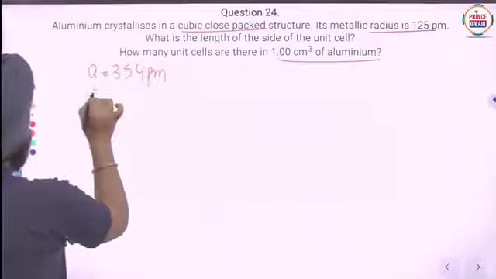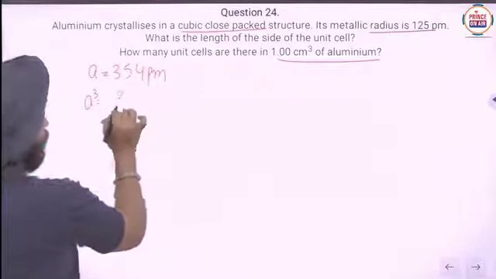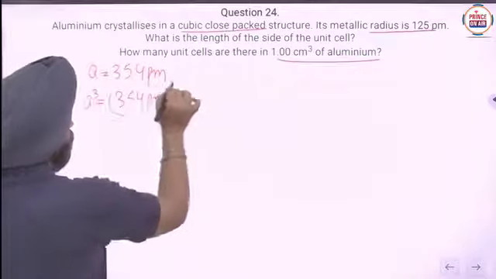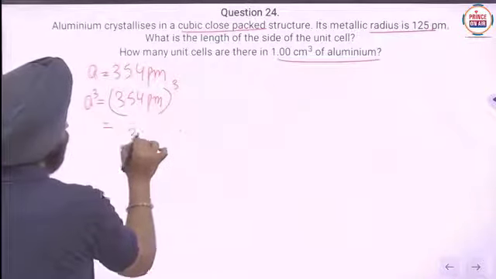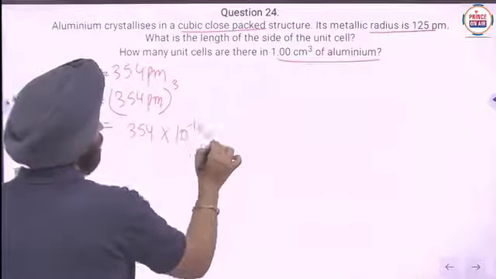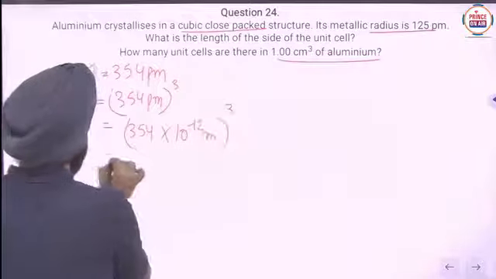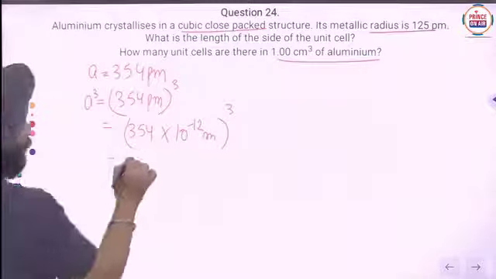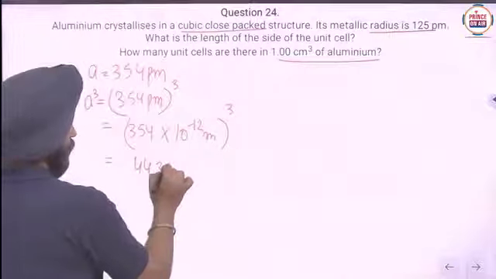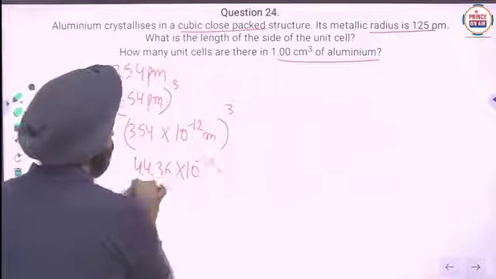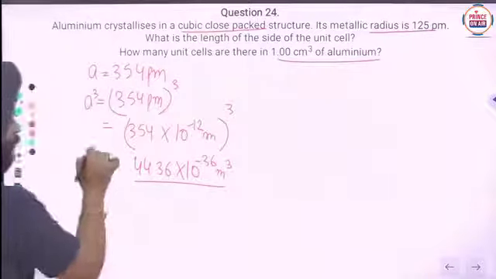A cube will be the volume, so it will be 354 picometer cube, or you can say 354 into 10 raised power minus 12 meter cube. Just solve this value and the result will come out to be 44.36 into 10 raised power minus 36 cubic meter. Okay, that is the value of A cube.